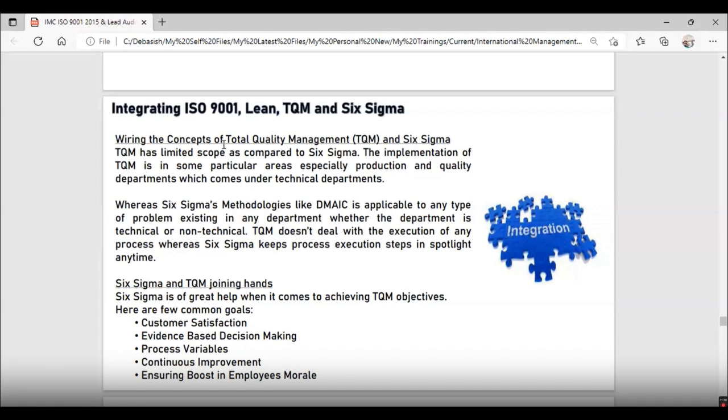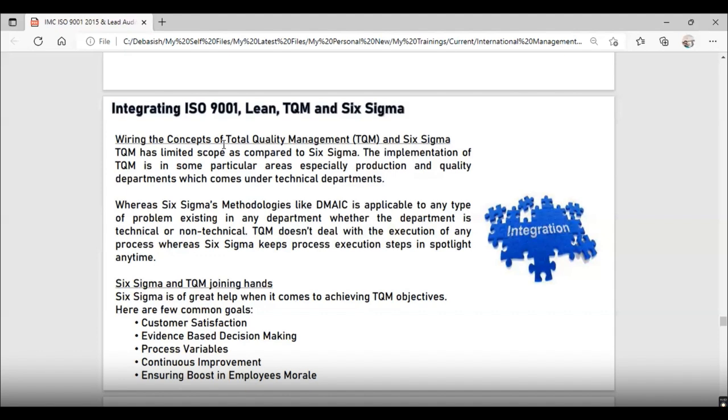These are some of the goals common between Six Sigma and total quality management: customer satisfaction, evidence-based or data-based decision making, process variables, continuous improvement, and ensuring a boost in employee morale.